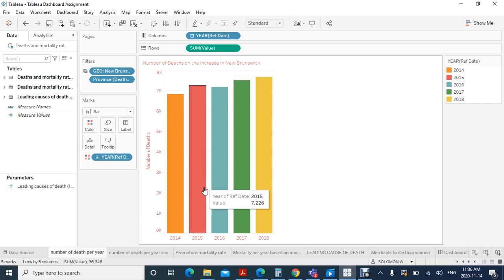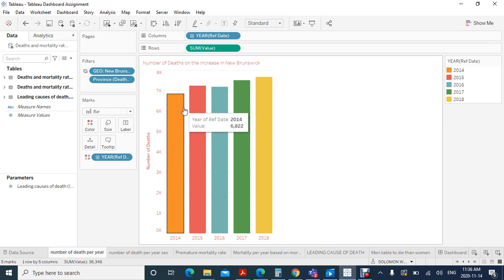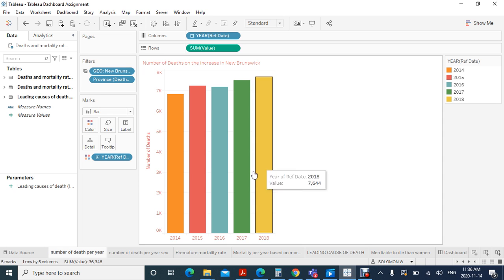So I plotted, from data I have from 2014 to 2018, against the numbers of deaths, and you can see that there is a rise in the number of deaths, and you can see it has been increasing, which actually shows that even in 2020 there might also be an increase in the number of deaths.